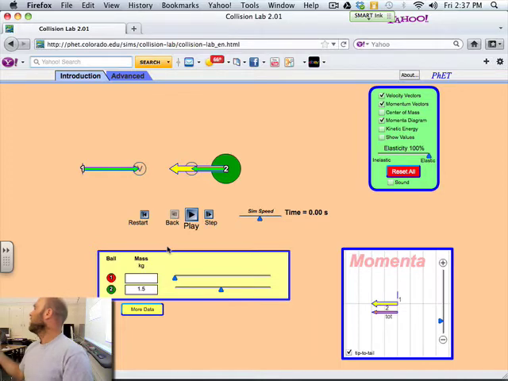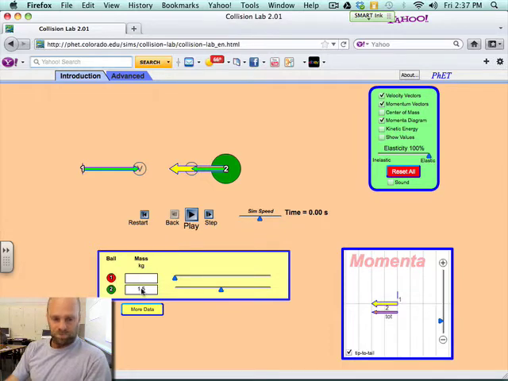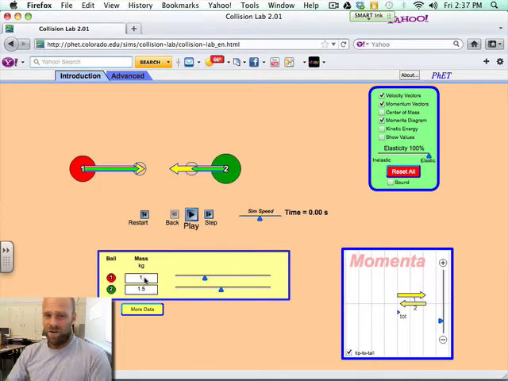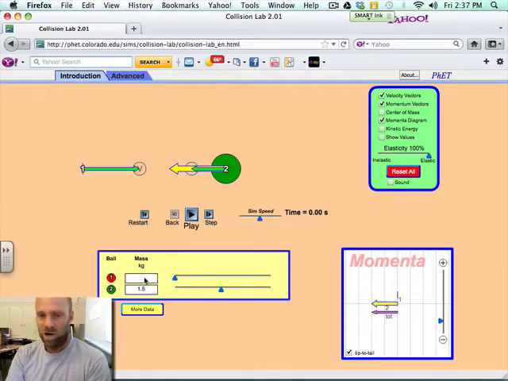As the velocity goes up, does momentum go up proportionally? Notice if I make the mass exactly 1 kilogram, watch what happens to the momentum compared to the velocity vectors. What do you see? If I make my mass half a kilogram, what's going to happen?